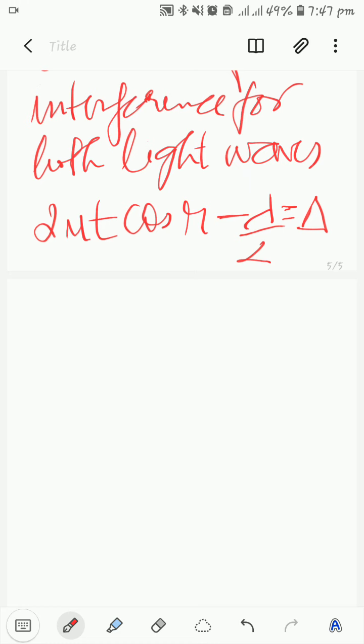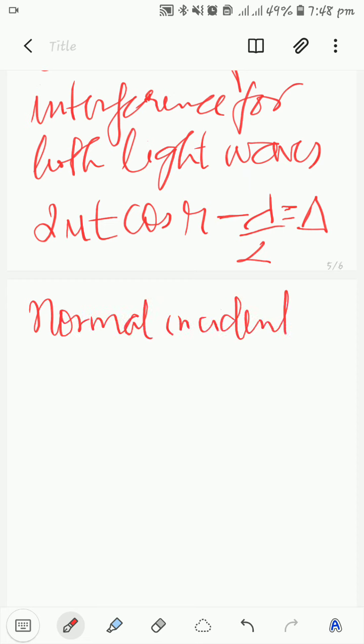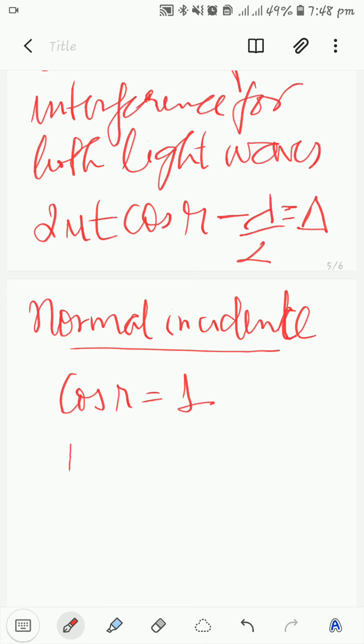So what will be the condition of maxima according to this? Now if we consider normal incidence, as we have considered here, cos r will take a value of 1. All this process is happening in air, so mu for air will be 1.